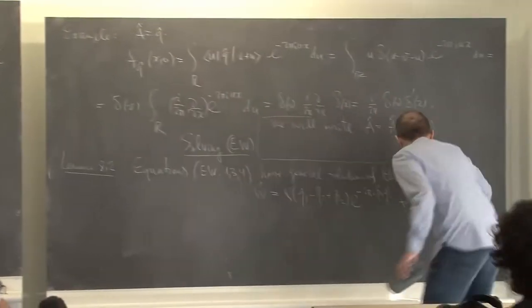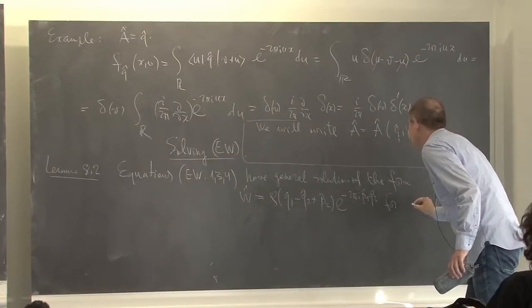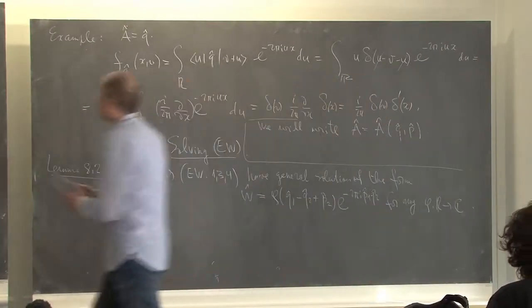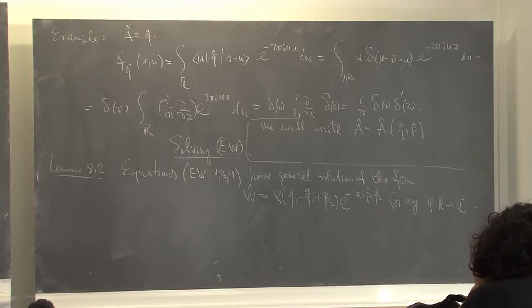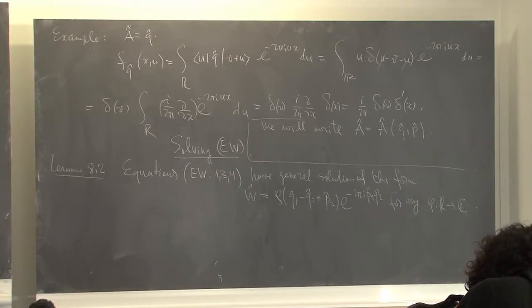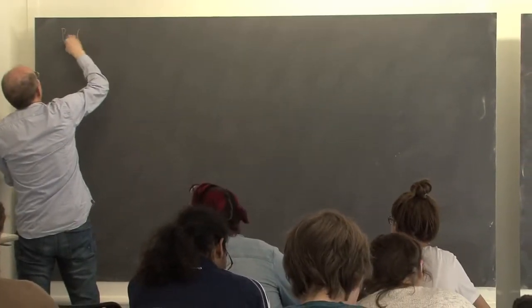For any function phi, it is not fixed by 3 equations 1, 3, 4. So let us prove it.